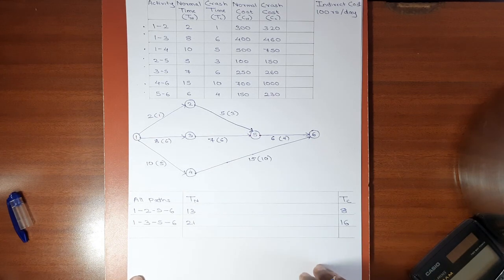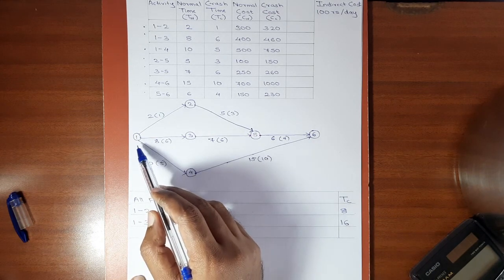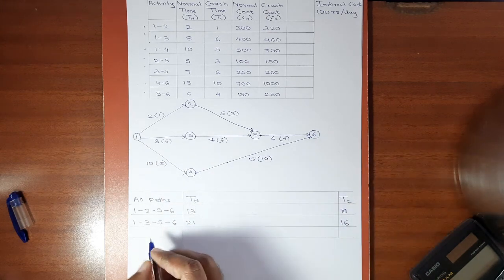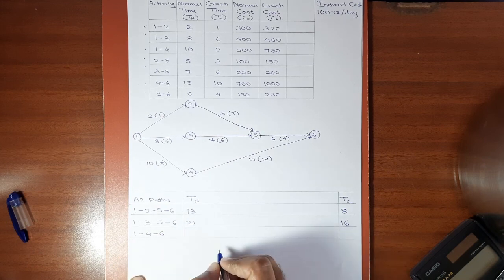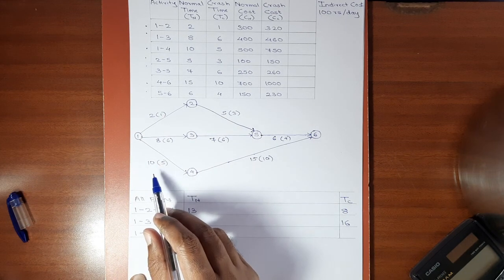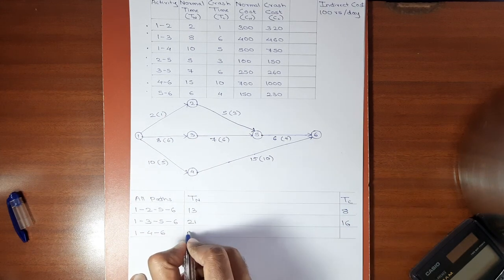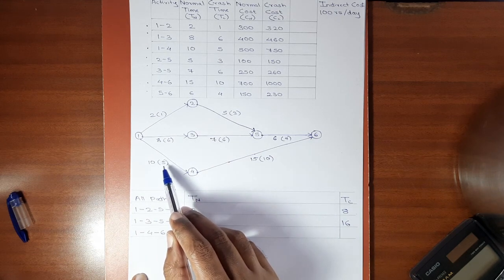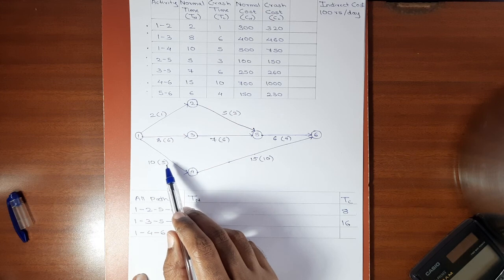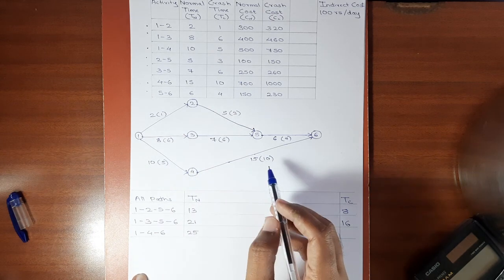Let's proceed to the next path. The next path will be 1, 4, 6. The normal duration of this path will be 10 plus 15 is equal to 25, and the crash duration will be 5 plus 10, 15.